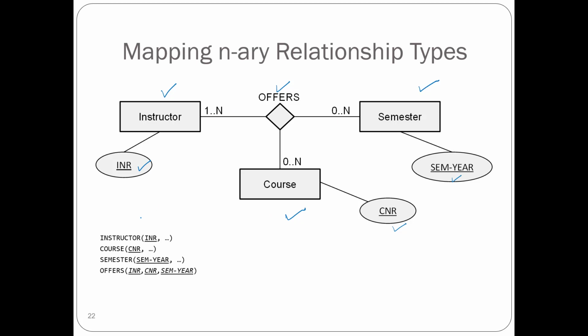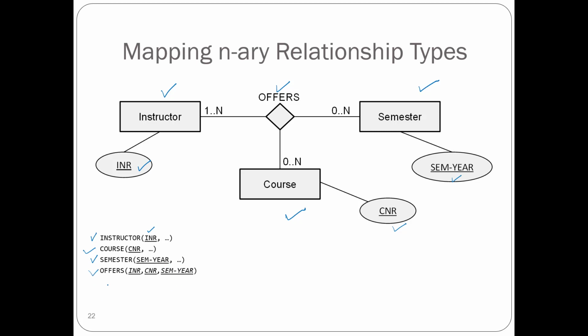How do we map? We'll have to define these relations: instructor relation for instructor entity type with INR as the primary key. Then we'll have a course relation for course entity type, CNR being the primary key. Then we have the semester relation for the semester entity type, primary key being SEM year, and the remaining attributes.